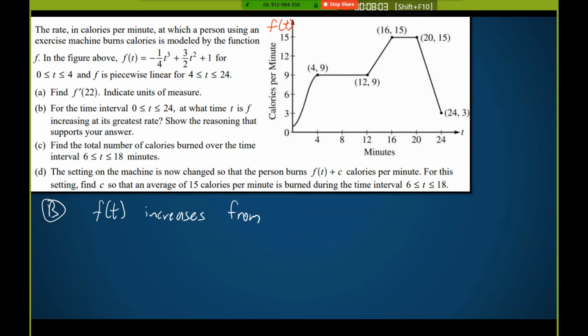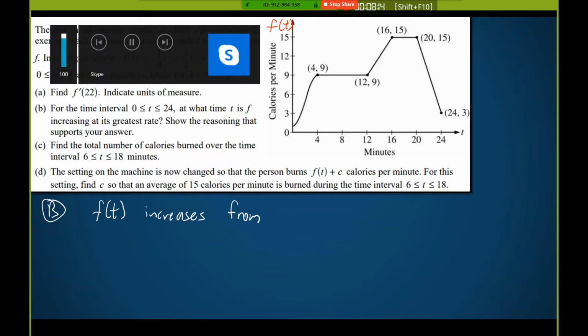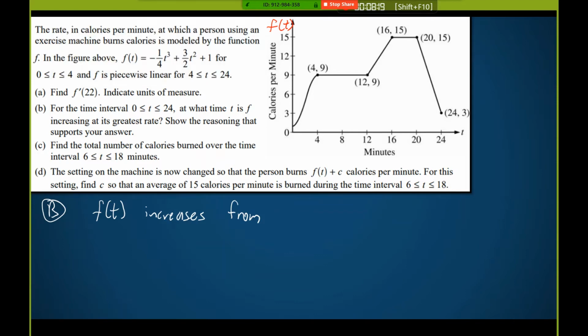Okay, let me grab Sarah again. I need to know when this graph is increasing. Okay, so there's 2 places where this graph is increasing.